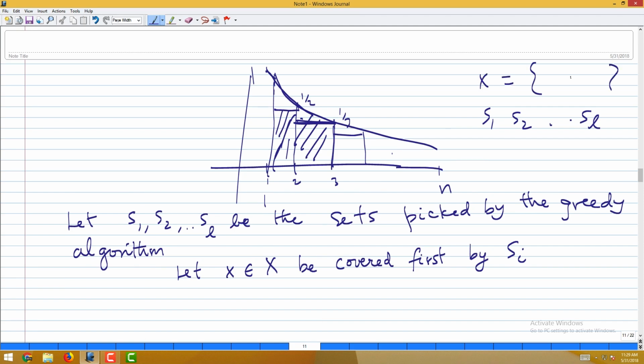I pick some element of my set, it is covered by one of the sets, maybe by many sets. Let us pick the first set covering x, and I am going to associate a cost with that element equal to 1 divided by the cardinality of Si minus (S1 union S2 ... union Si minus 1).